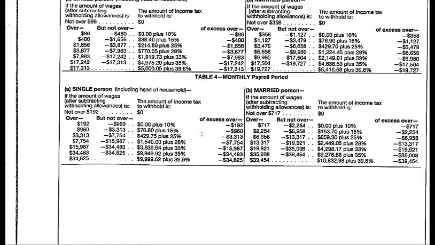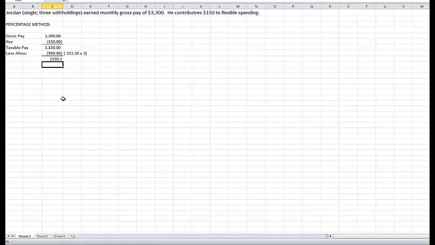So the first thing we're going to do is find the excess over $960. The table has already calculated the tax, which is $76.80 on the $960. We need to find the tax on the excess over $960. So if we come back over, we will deduct $960 to find the excess.